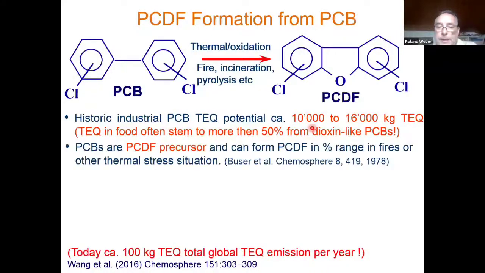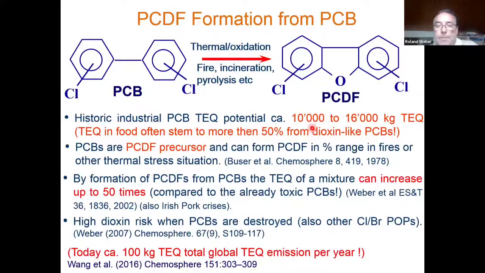And PCBs, like I said, are furan precursors. So in a thermal stress situation, like a transformer fire, they can produce PCDFs, the furans, in the percent range. And the furans are several hundred times more toxic than the PCBs. So by the formation of furans from PCBs, the total toxicity of the mixture can increase by 50 times.